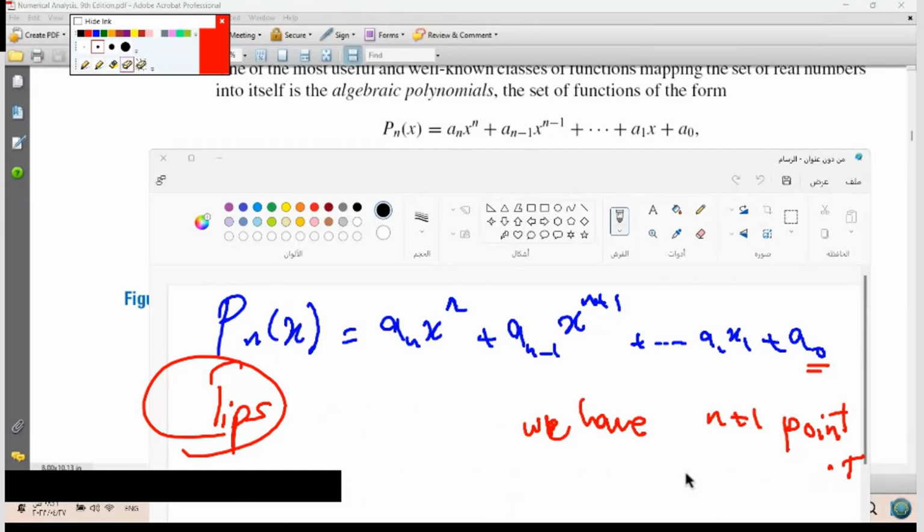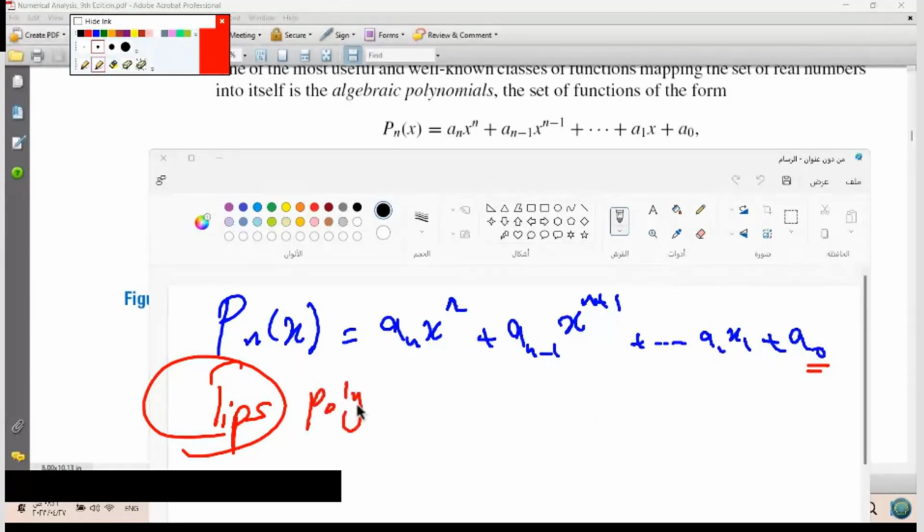Let's explain more. For example, I need a polynomial of degree 3.